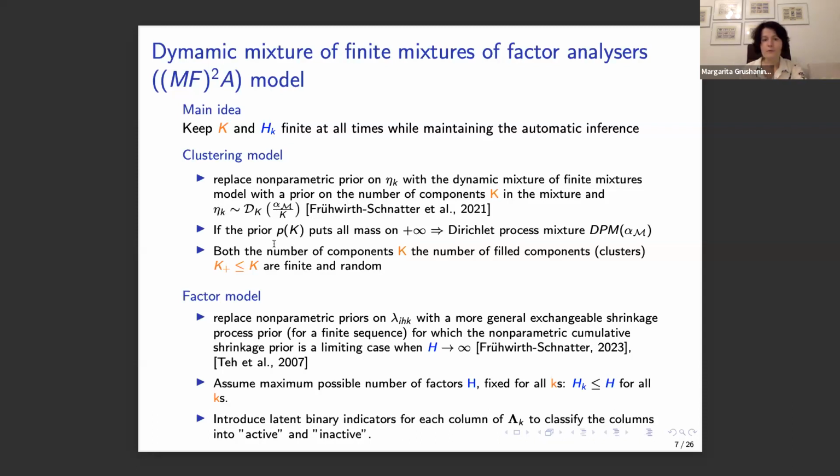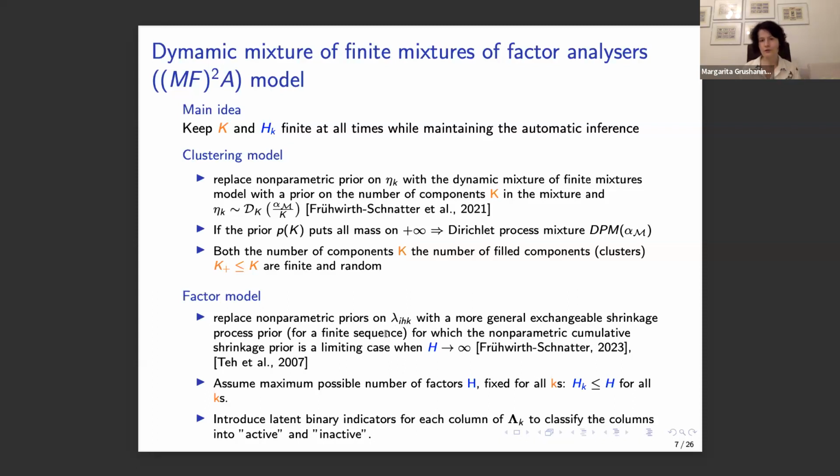So with this model, both the number of components and the number of filled components, which represents the number of clusters in our data set, are both finite and both random a priori. And in the factor model, we replace the non-parametric prior on the factor loading matrices with the so-called exchangeable shrinkage process prior, which is a kind of representation of the cumulative shrinkage prior.